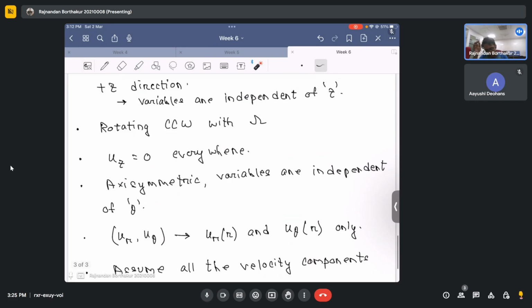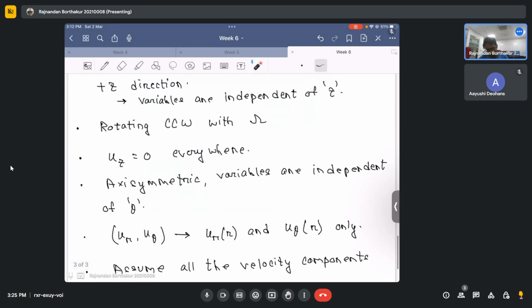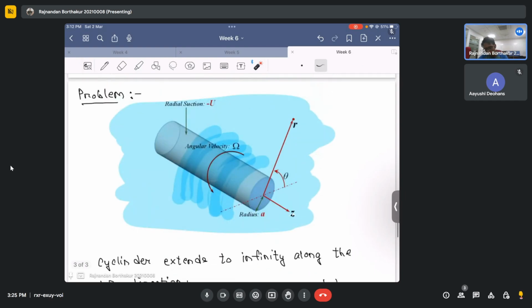We will invoke the axisymmetric assumption, which means that, can you tell me what was basically the axisymmetric condition in cylindrical coordinate system? Yes, exactly, d by d theta equals 0. So the axisymmetric assumption in cylindrical coordinate system means that whatever variable you are looking at, its derivative with respect to theta will always be equal to 0.